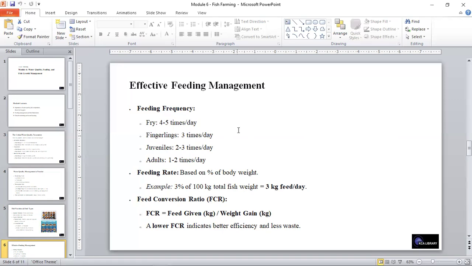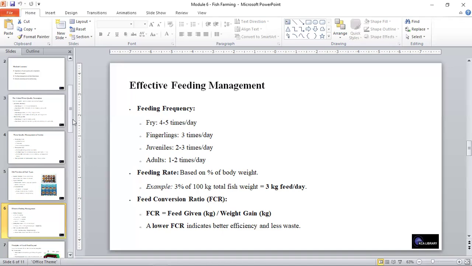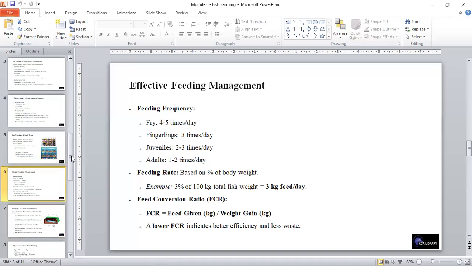And for feed conversion ratio, the formula is the feed given, the kilogram of feed given to the fish, divided by the weight the fish gain in kilogram. So a lower feed conversion ratio indicates better efficiency and less waste. That means fish convert every food into weight, and that is acceptable.